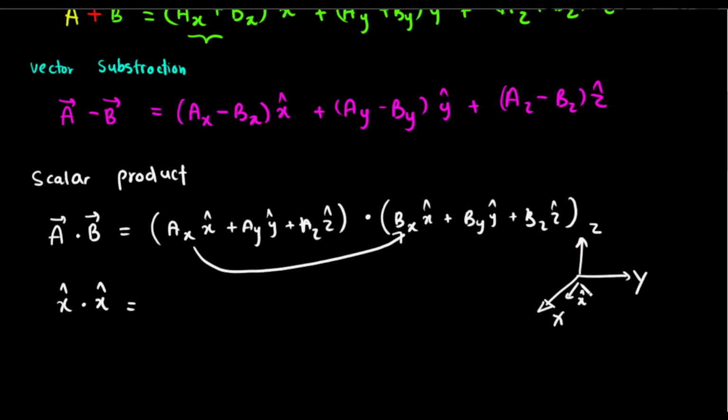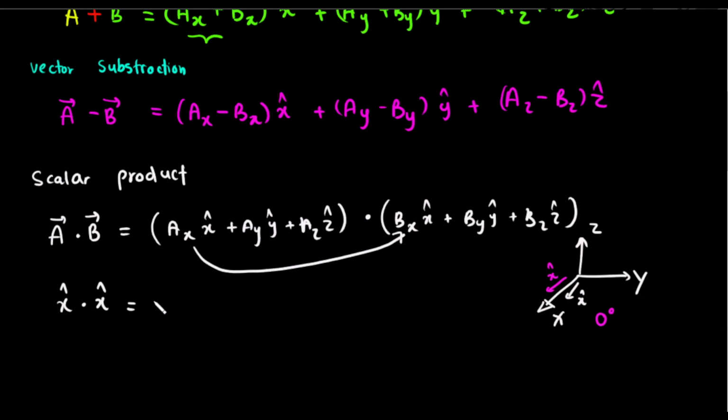If you take another x hat unit vector, the angle between these two vectors will be 0, because these two are parallel to each other.